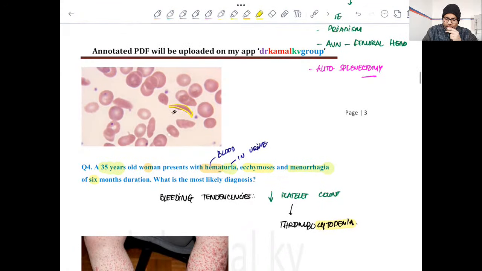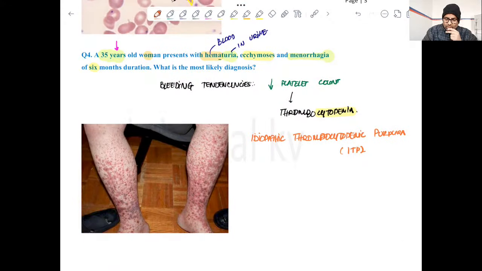Now this condition, which is especially seen in young females, is ITP, that is idiopathic or autoimmune thrombocytopenic purpura. Clear? So ITP.